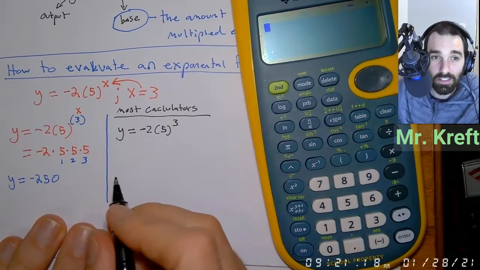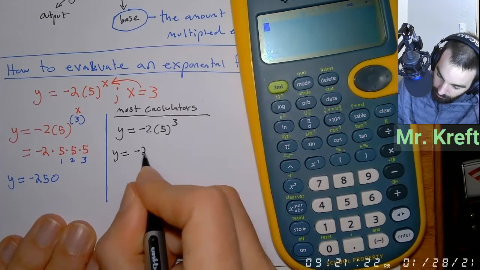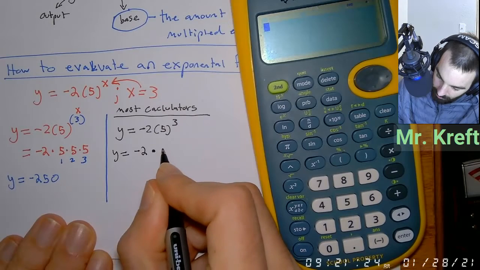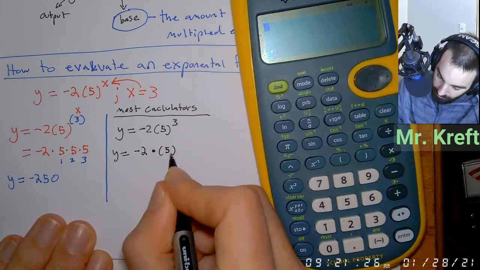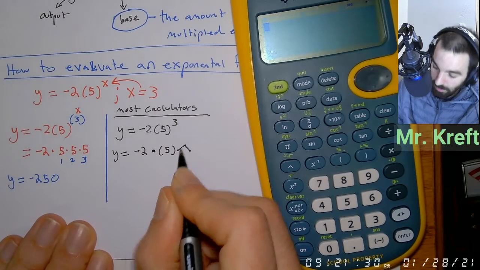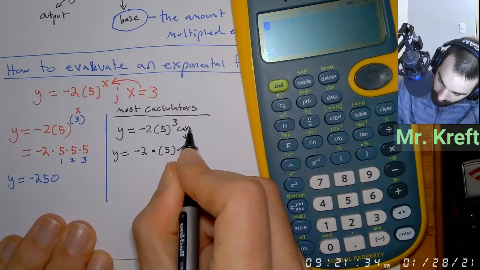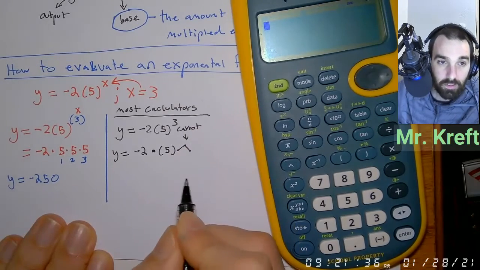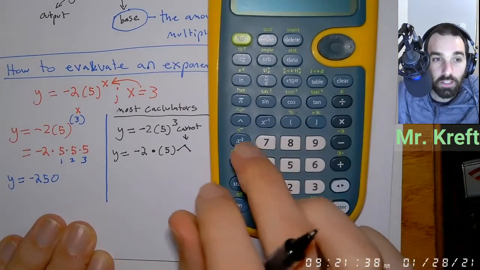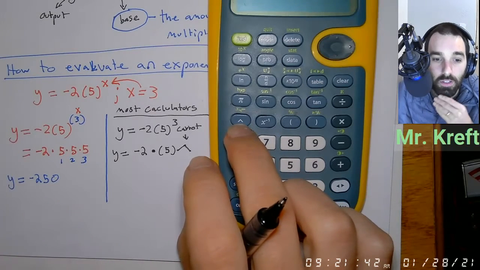Now, in calculator speak, this is what it's going to be: y equals -2 times, and then you can do parentheses, and then you do this key right here. This is called a caret. If you take a look on this calculator, it's right here.